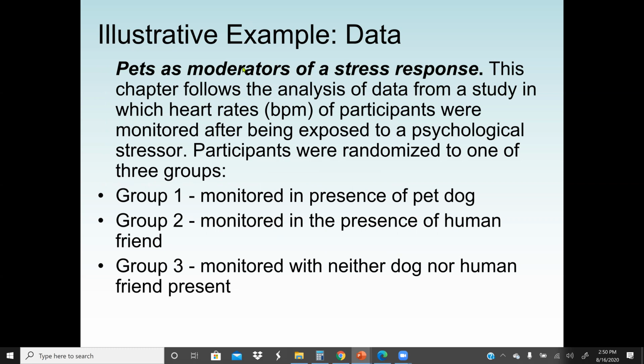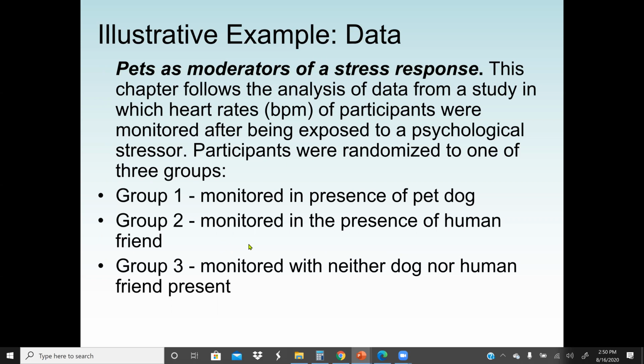This example asks about pets as moderators of a stress response. We want to know if pets can reduce a stress response. Here we have three groups. The first group, we monitor in the presence of a pet dog.